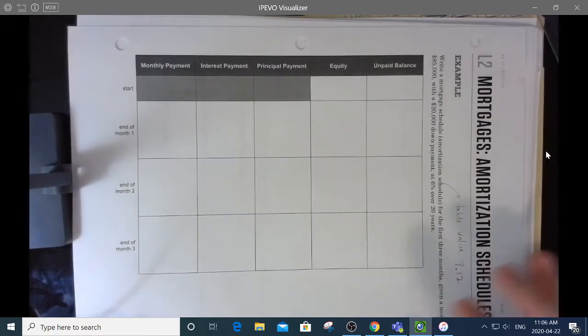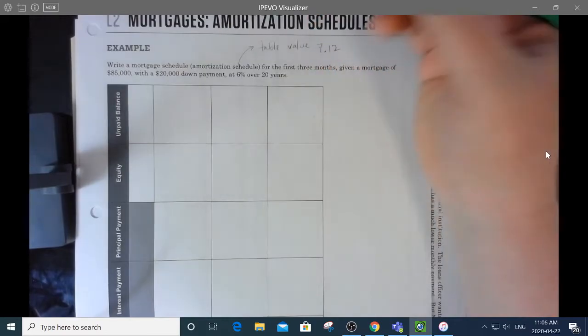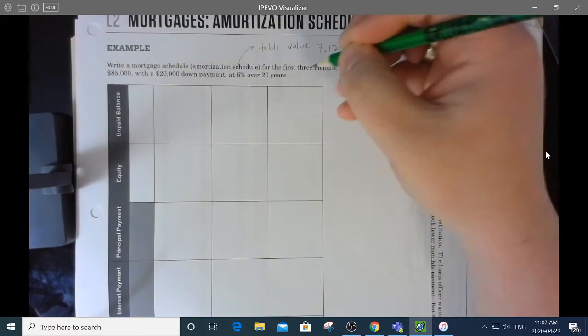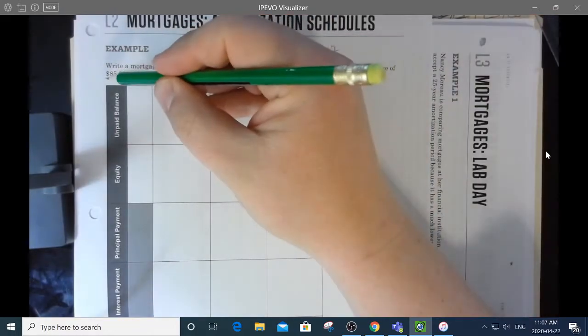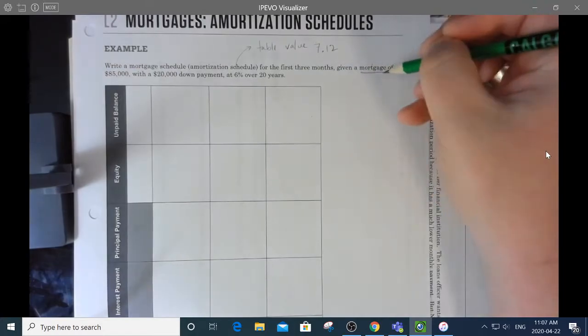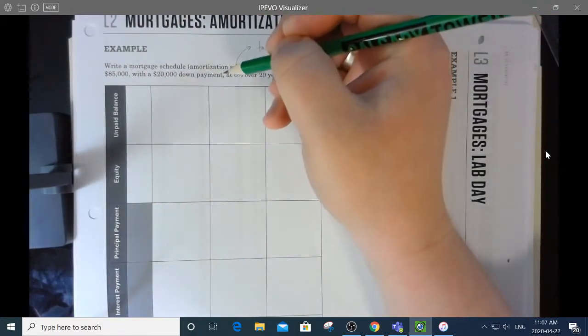All right. Now, one more thing. Read this question carefully. The house that they buy, or the condominium or whatever, the price wasn't $85,000. That's what the mortgage is. In other words, it's the mortgage that's $85,000.